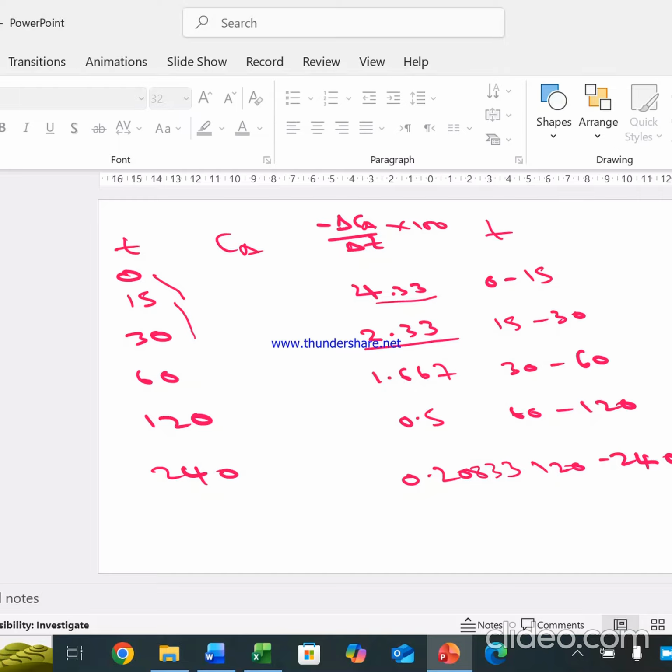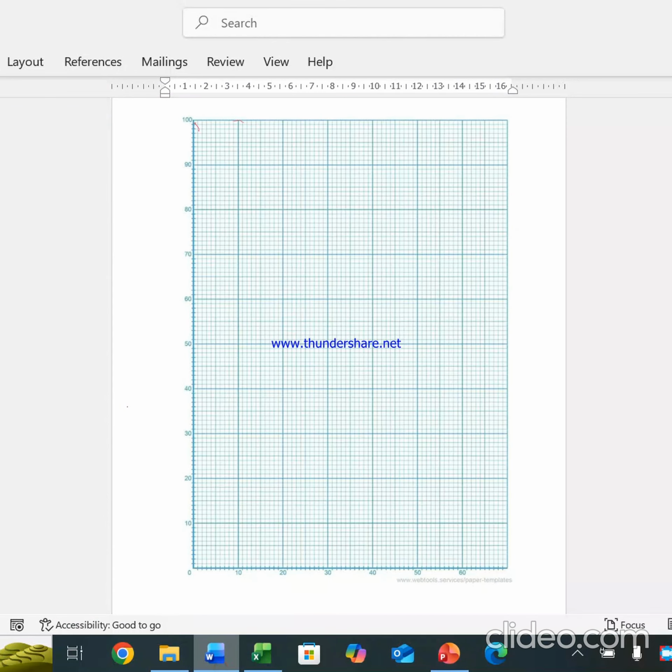So we are going to plot this differencing result, and we are going to obtain a kind of histogram where we are going to evaluate our dCa/dt. So let's see how this can be achieved.